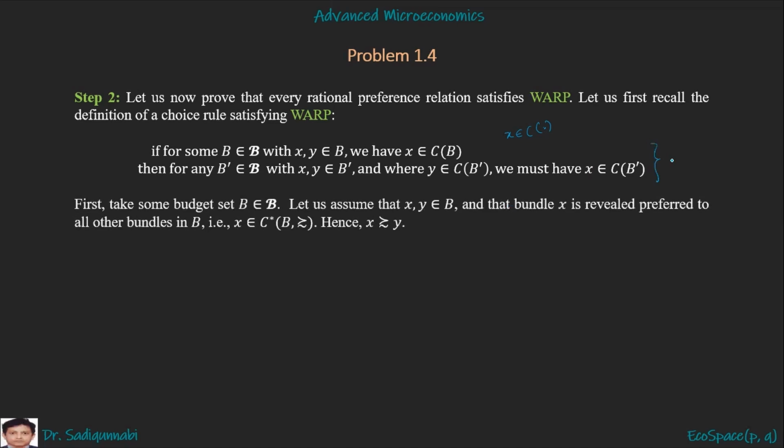This is the definition of WARP in terms of choice rule.